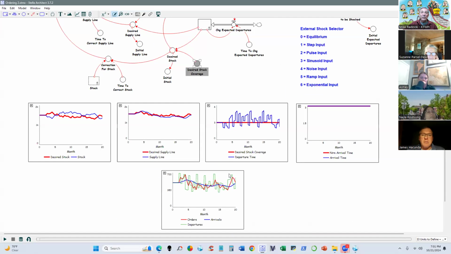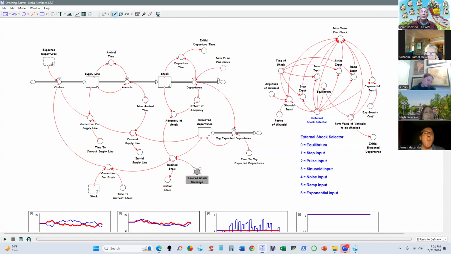Did I even do that here? I can't remember. Maybe a better way to put this would be to make this stock coverage. I don't know if I should change it. I understand that from a business perspective, the inventory stuff, but using consistent words is really helpful to me.